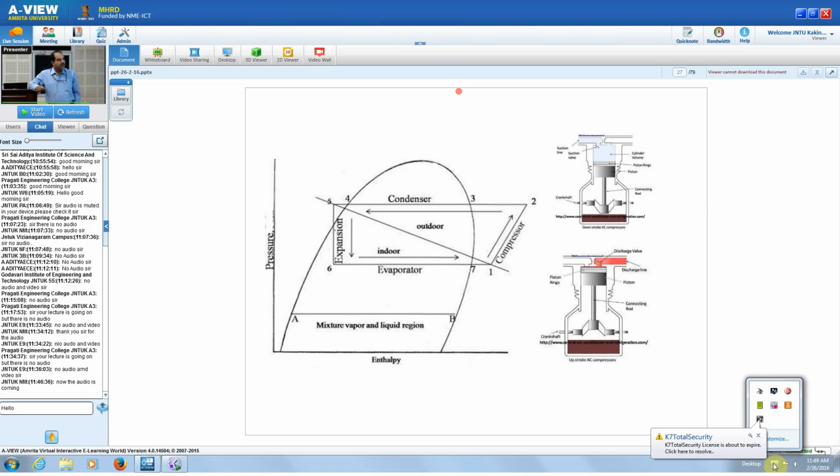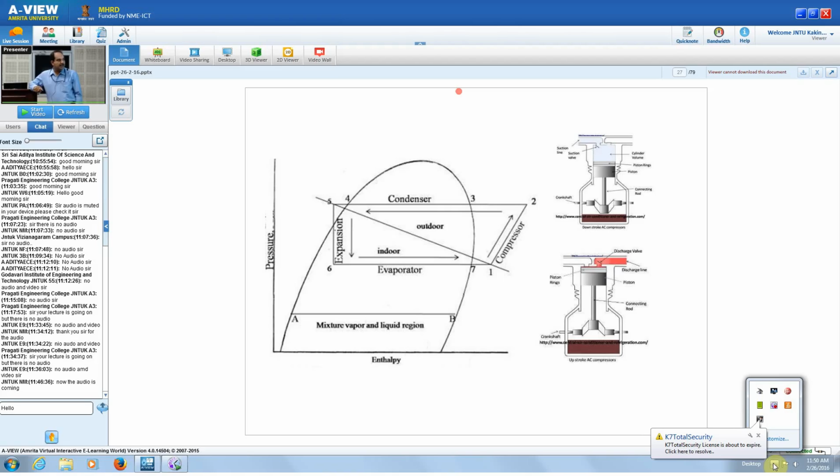So, see, point 1 is after the saturation line. That means the condition of the gas after evaporation is the superheated region, because it is not exactly on the line. If the line is somewhere here, then the value of enthalpy H will be somewhat different.